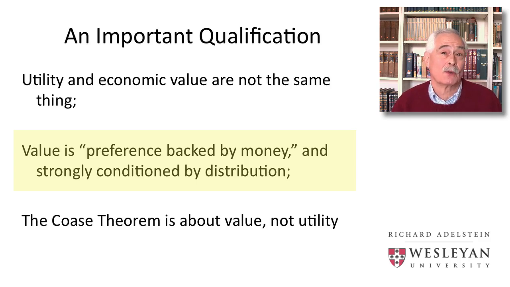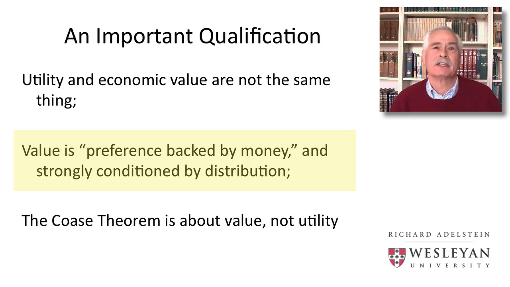And therefore, of course, how much economic value a person can derive or experience from a particular property right depends on how much money they have. And so economic value is strongly conditioned by the distribution of wealth across individuals.